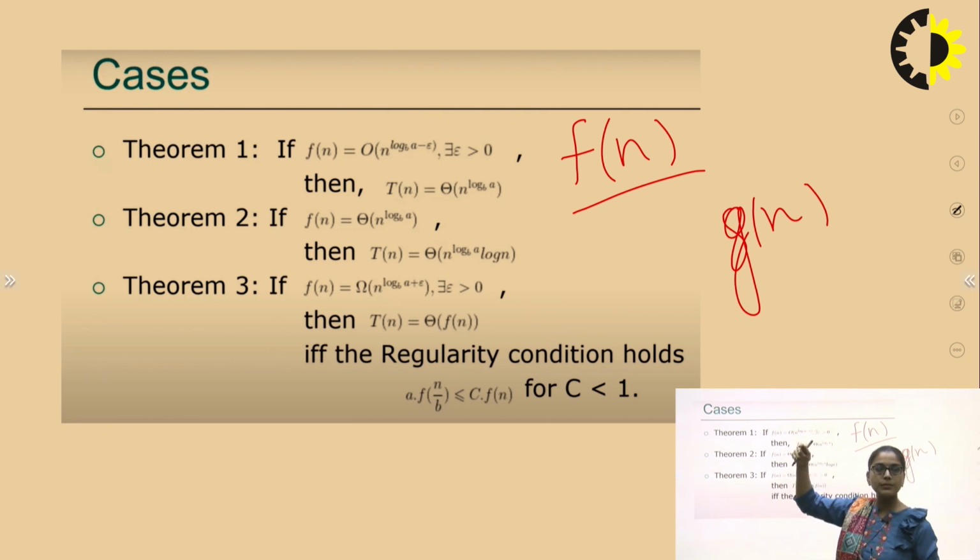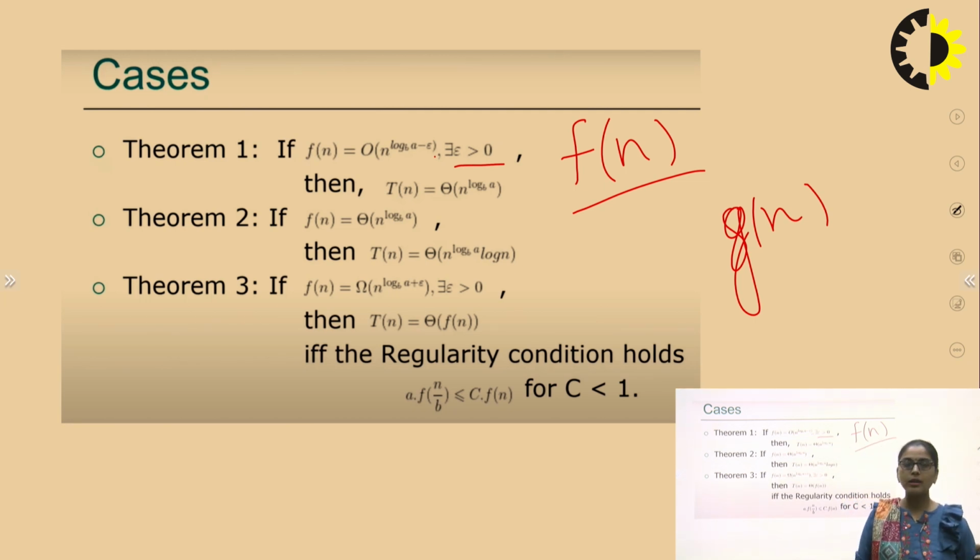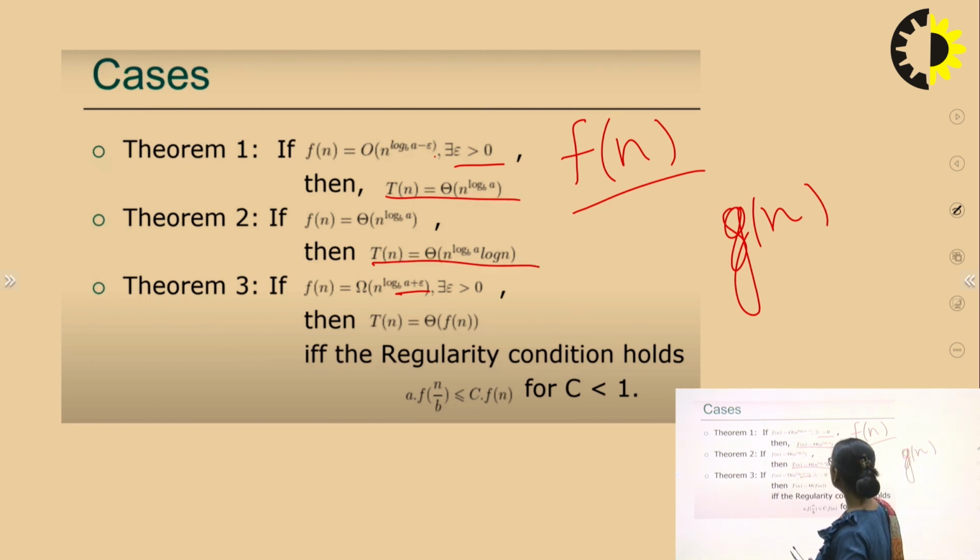What is that something? This is epsilon, and the value of epsilon is always greater than 0. And if our g(n) is smaller, then obviously we have to add something, which is again the value of epsilon. So if any of the 3 cases arises, then these are the solutions for that particular situation.